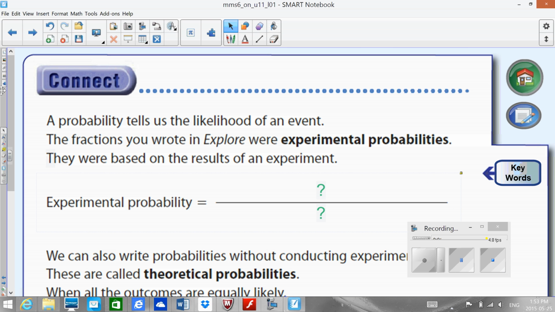So, taking a look at how we set up a probability when we do an experimental probability, the numerator or top number in our fraction is going to be the number of times of an outcome. So let's say that out of 10 rolls, we rolled 3 6s. Okay, so out of 10 rolls, we got 3 6s. And the number of times, so on the top here, we would be writing a 3.